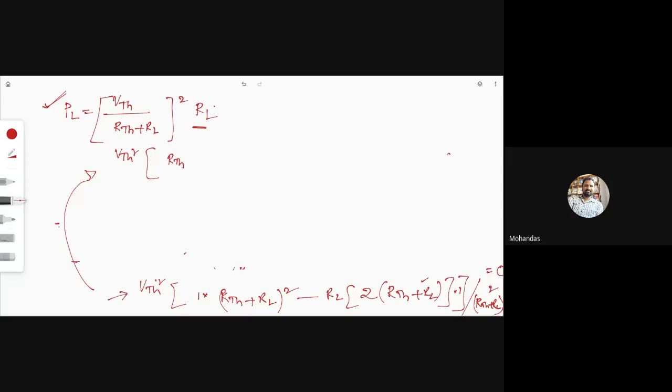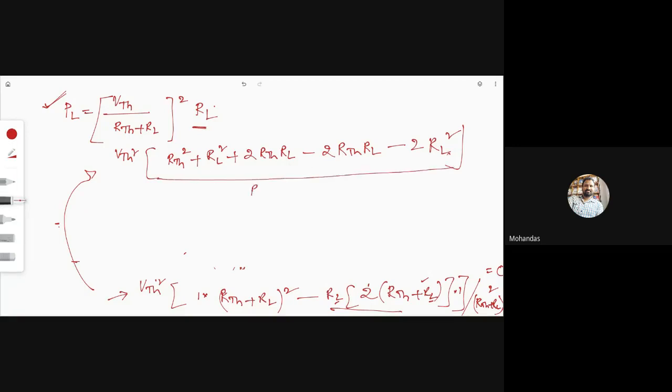Then it becomes R Thevenin square plus RL square plus 2 into R Thevenin into RL, minus 2 into R Thevenin into RL minus 2 RL square, divided by (RL plus R Thevenin) whole to the power of 4, which is equal to 0.